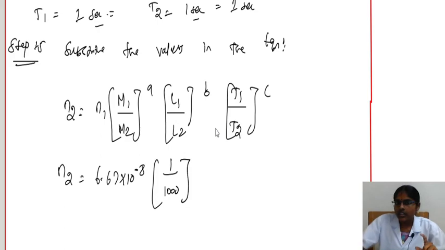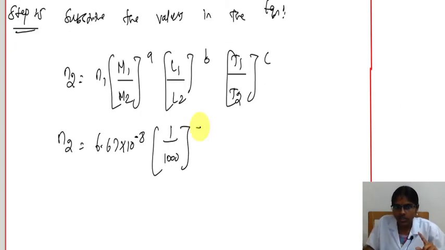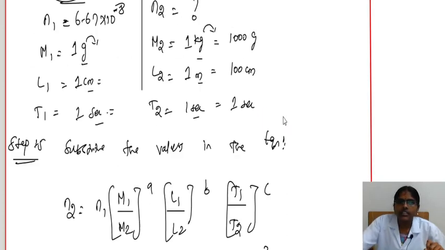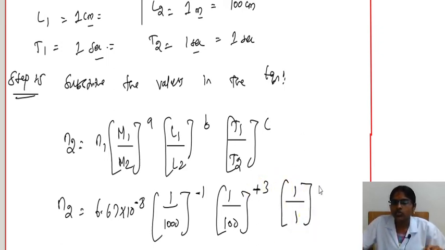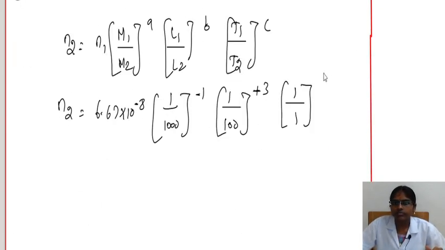And the power we have already found, A is minus 1. Now what is L1? Again it is 1 centimeter. L2 is 100 centimeter, so 1 by 100. What is power B? B is minus 3, am I correct? Minus 1 plus 3. And what is T1? It is the same, 1 and 1, seconds. So what is the power? Again the power is minus 2.